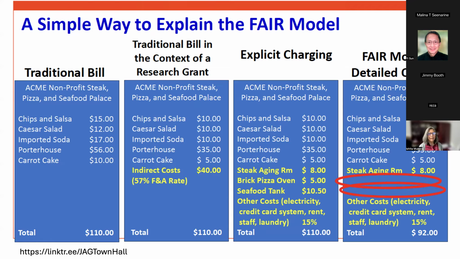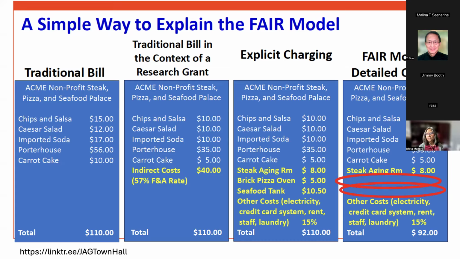So one thing about the FAIR model is that rather than paying for, so again, this person only had the porterhouse steak, they didn't have any seafood, they didn't have any pizza. So rather than paying for those things that they didn't use, now they're only paying for the infrastructure on the steak aging room, which again, no one is clear what that actually means.